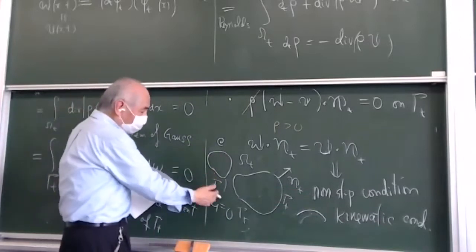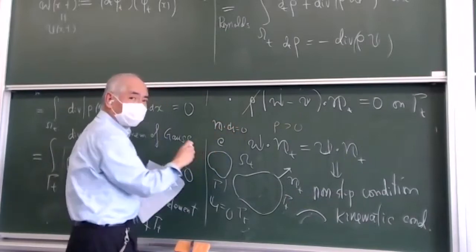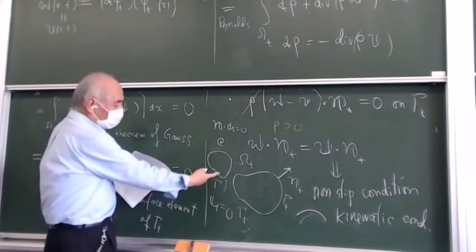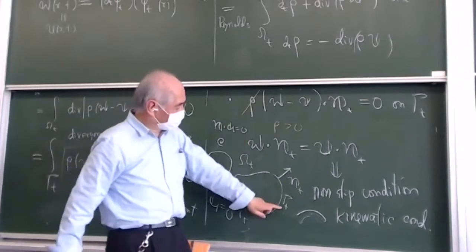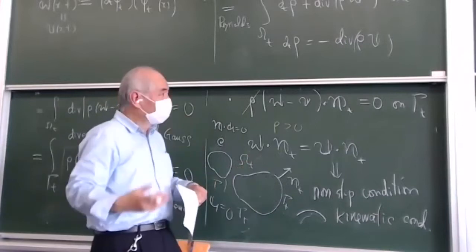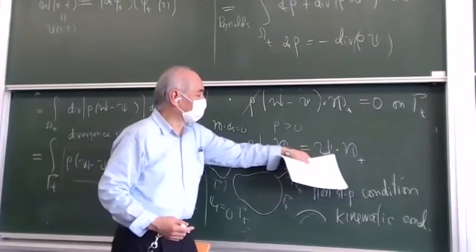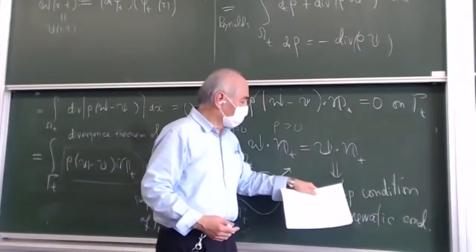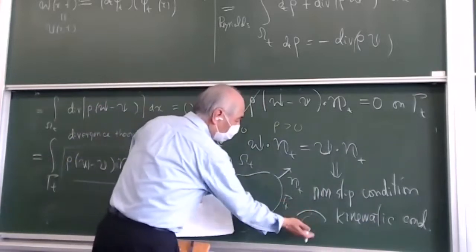At the boundary, at least the normal component of u should be zero, right? But this is the no-slip condition for the fixed boundary. But now we consider the boundary also moving. In that case, this is the necessary condition in order to get no slip, I mean no vacuum, no overflow.